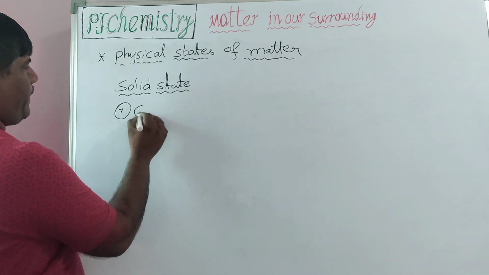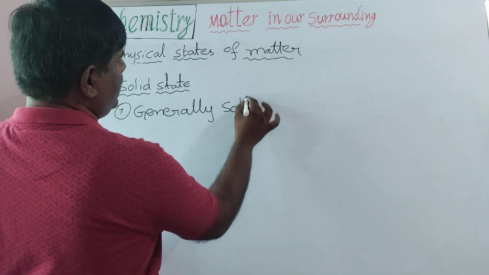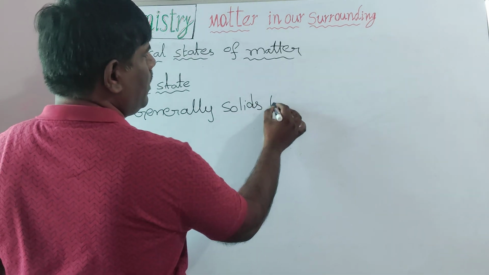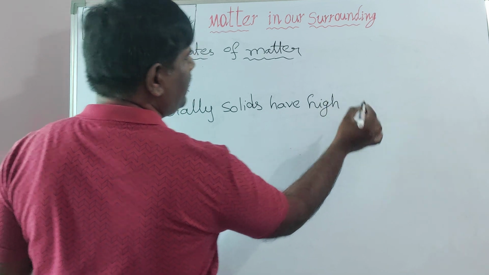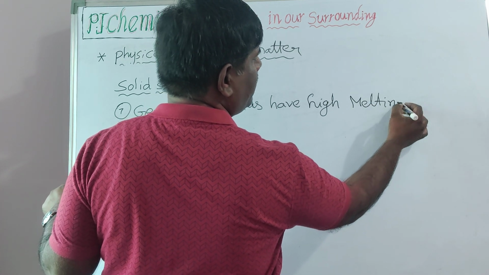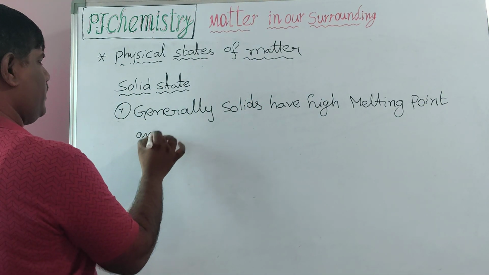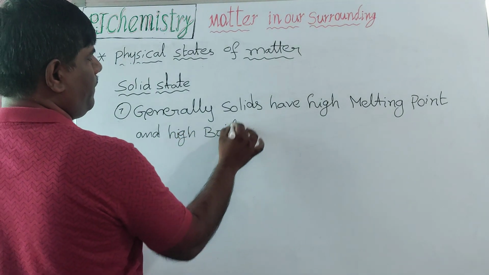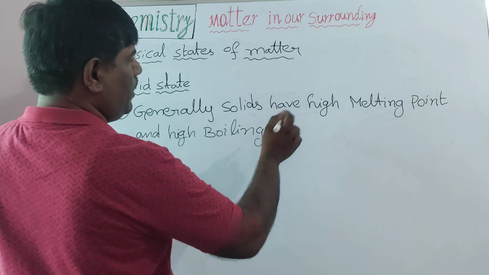Generally, solids have a high melting point and a high boiling point, because the particle attraction is more and space is less.